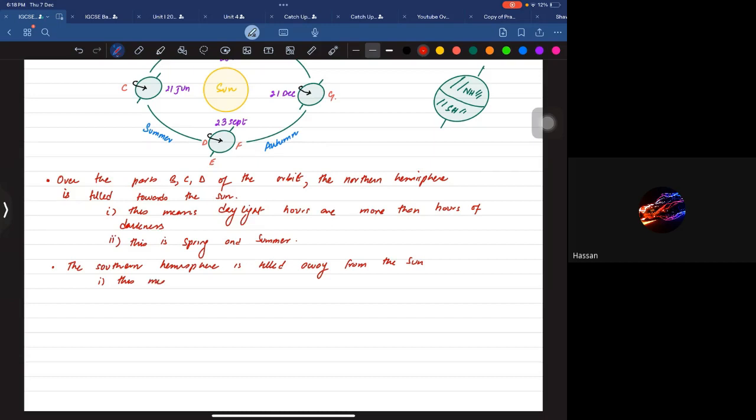This means days are shorter than nights, and also this is autumn, and winters.